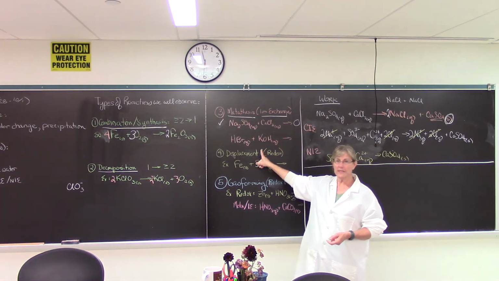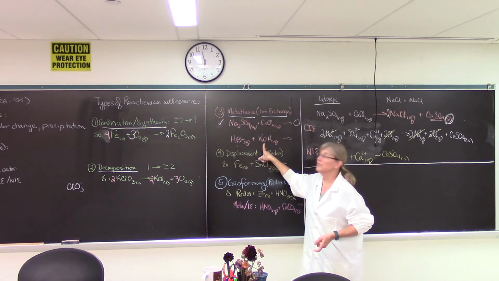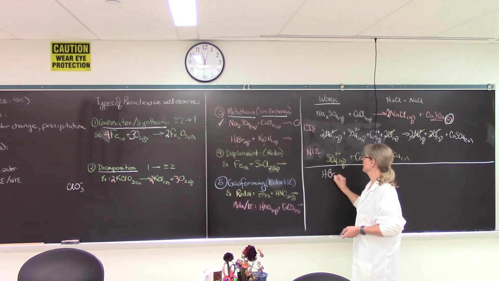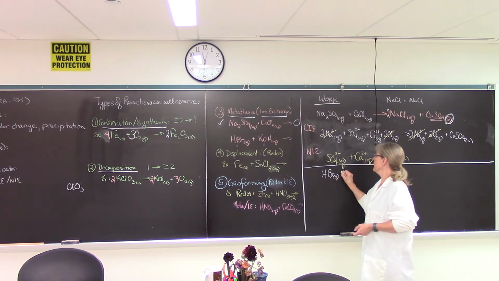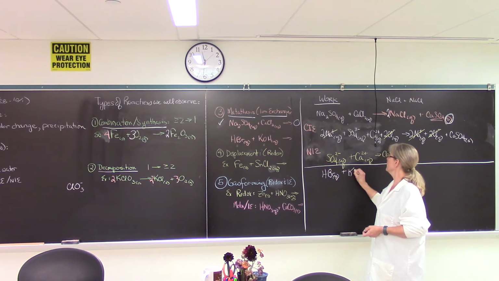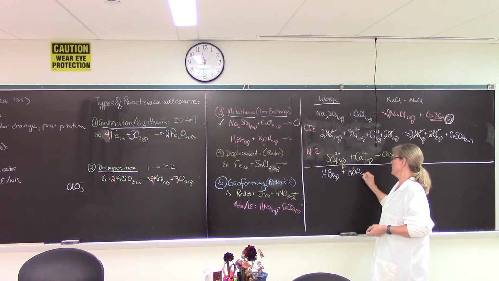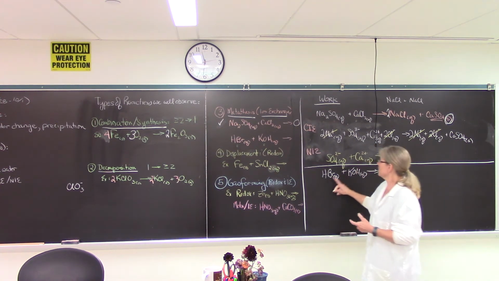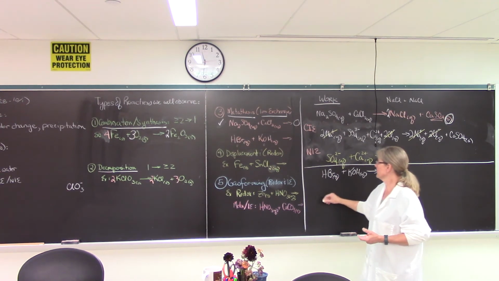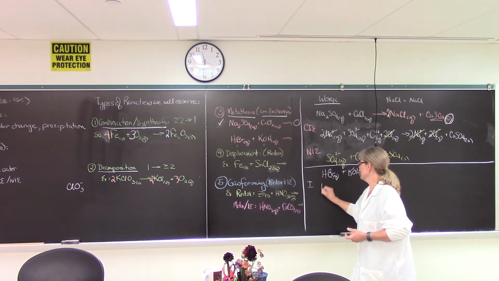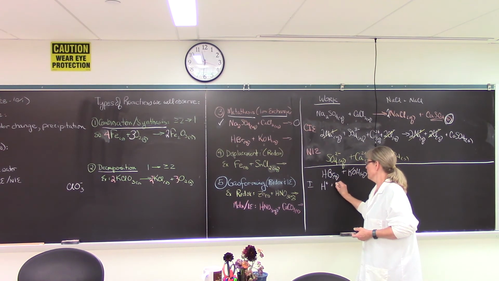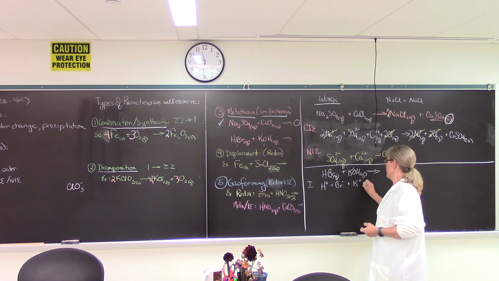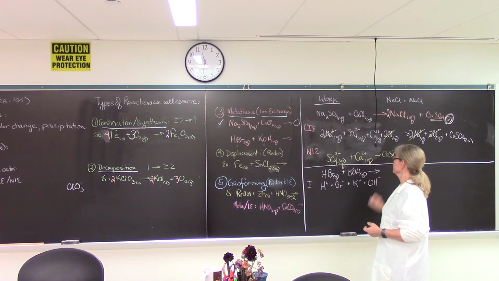Let's do this one. This is using our strong acid, strong base. So HBr, aqueous, and KOH, aqueous, yields. First of all, we're going to break these down into ions, H plus, Br minus, K plus, OH minus.